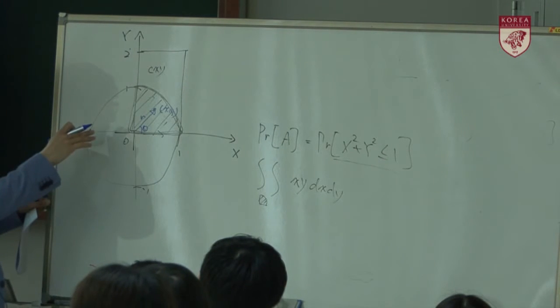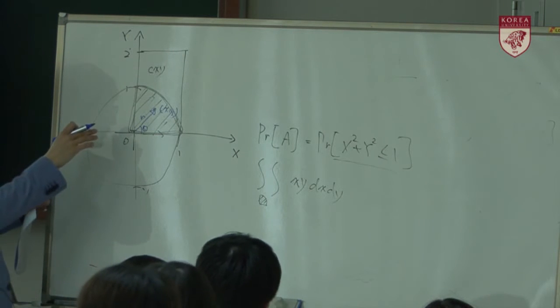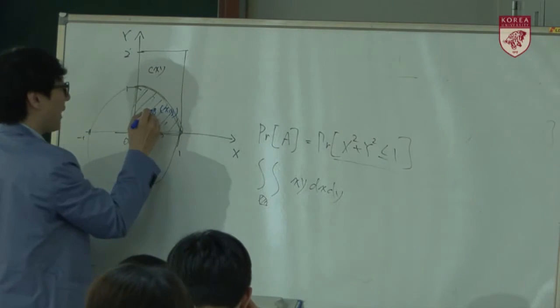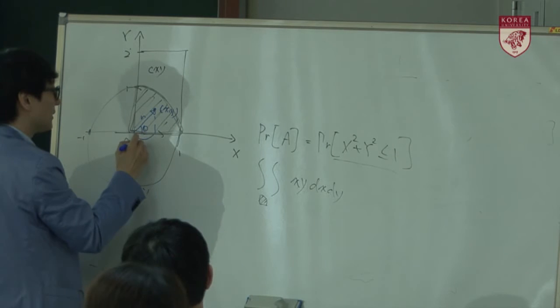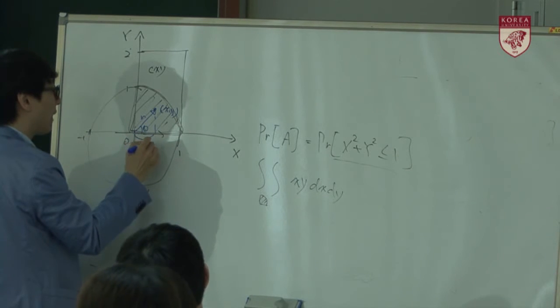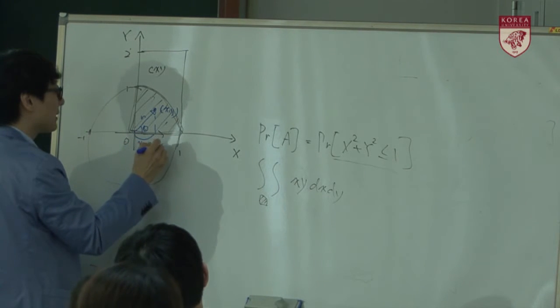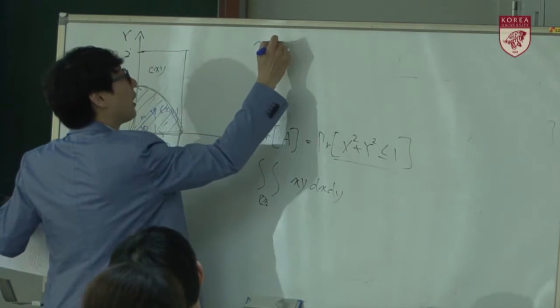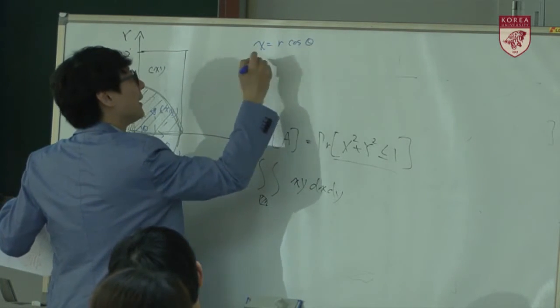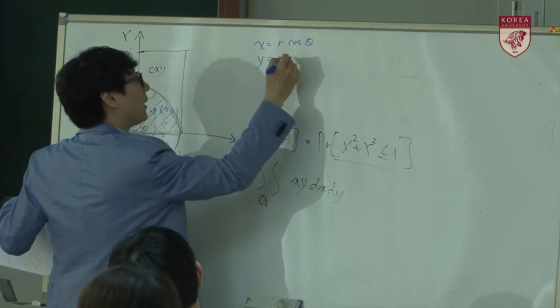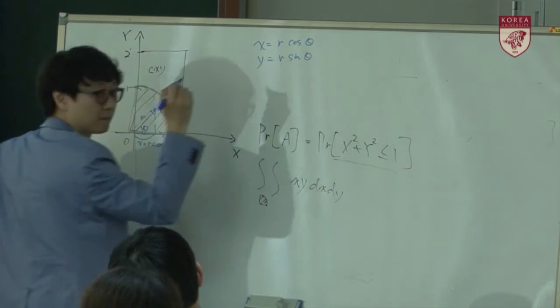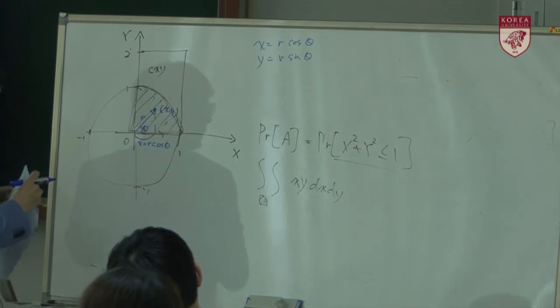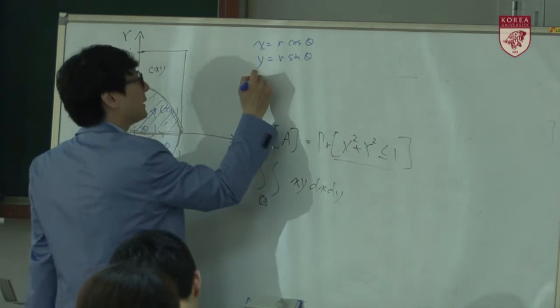Here x becomes r cosine theta, and similarly y is r sine theta. Then what happens to dx and dy?